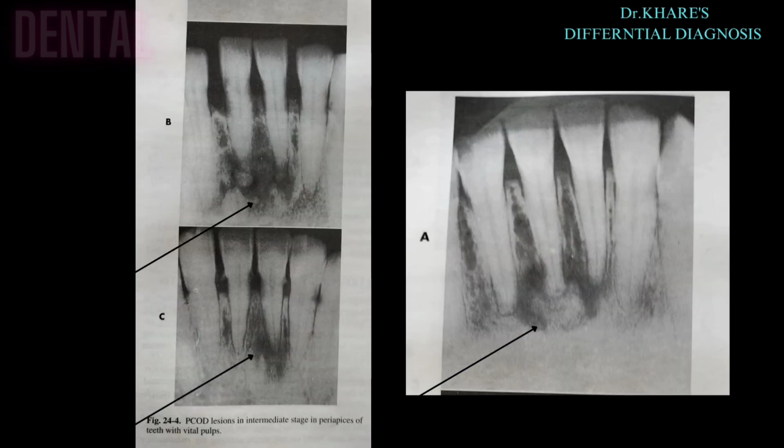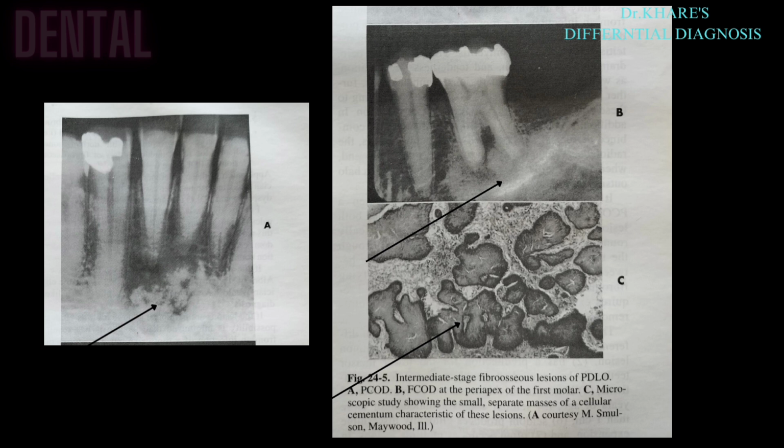These are periapical radiographs showing periapical cementosseous dysplasia in the intermediate stage in the periapices of teeth with vital pulp.